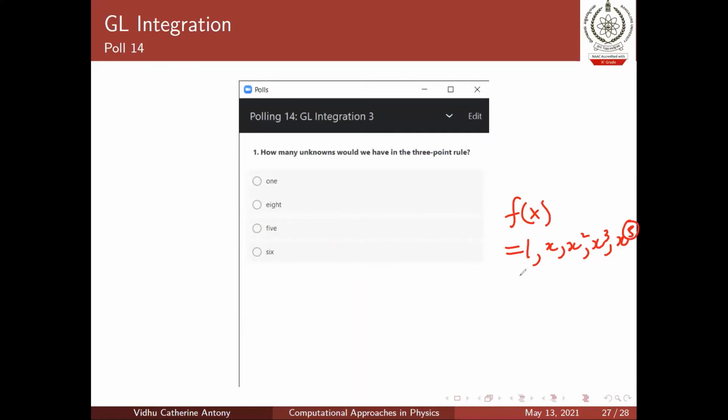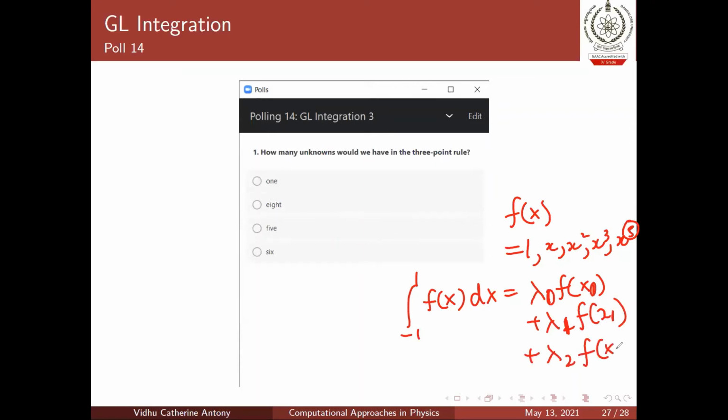Okay, but what is your rule like? The integral of f of x from minus 1 to 1 dx is going to be equal to lambda 0 f of x0, plus lambda 1 f of x1, plus lambda 2 f of x2.